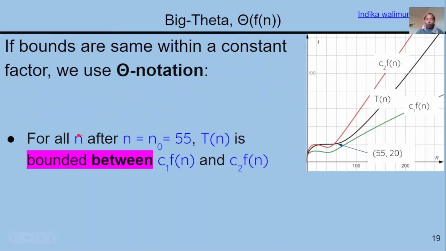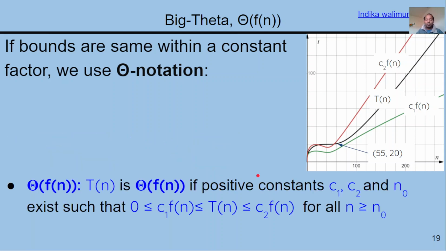So for all n after this point, T(n) is bounded between c1·f(n) and c2·f(n). Now we can define big theta notation. Notice the "in" part is gone because now it's more certain.